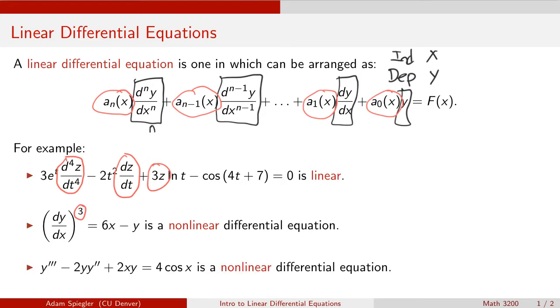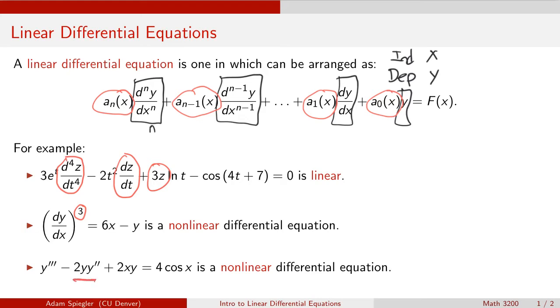And one more example, if we had the third derivative of y, minus 2y times y double prime, plus 2xy is equal to 4 cosine x. This one is non-linear, and notice our third derivative is to the first power. We have a y here to the first power, a derivative, second derivative, and y. But the problem is right here with this term over here.